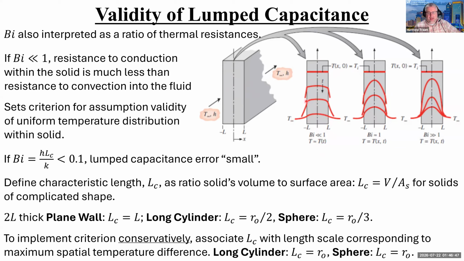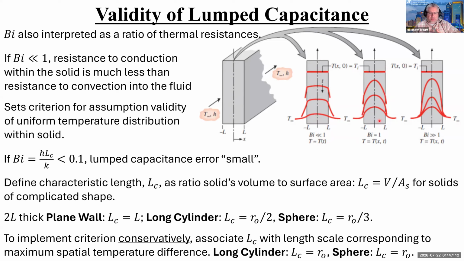But notice that these lines are relatively flat, right? Not perfectly flat, because this is an approximation, but pretty darn flat and reasonably good to approximate as just a constant flat line. And so that's what we get when we have Biot number much, much less than 1, is that the spatial temperature inside the object is uniform. So that's what you're seeing visually there.